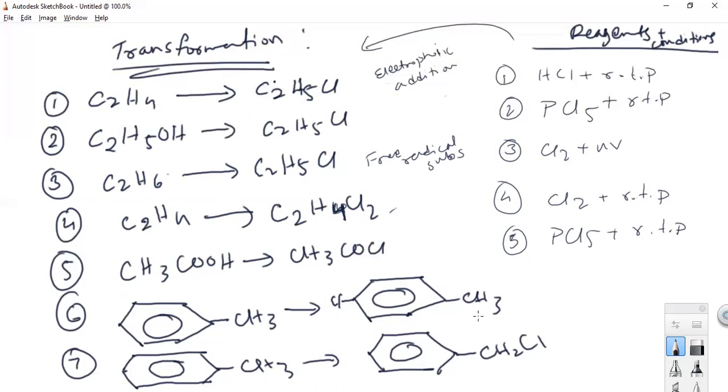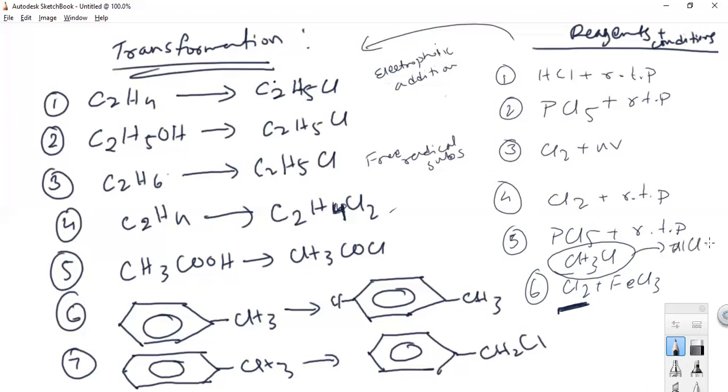Then we have number 6, which is benzene, and we can see over here benzene. We don't have anything on the left side, but we have a chlorine here. That means this is electrophilic substitution, but in electrophilic substitution, we learned two types of reaction. One was Friedel-Crafts alkylation. Another was where we added the reagent Cl2 plus FeCl3. Remember? So here's the thing. When we add a halogenoalkane, let's say CH3Cl, we add the AlCl3.